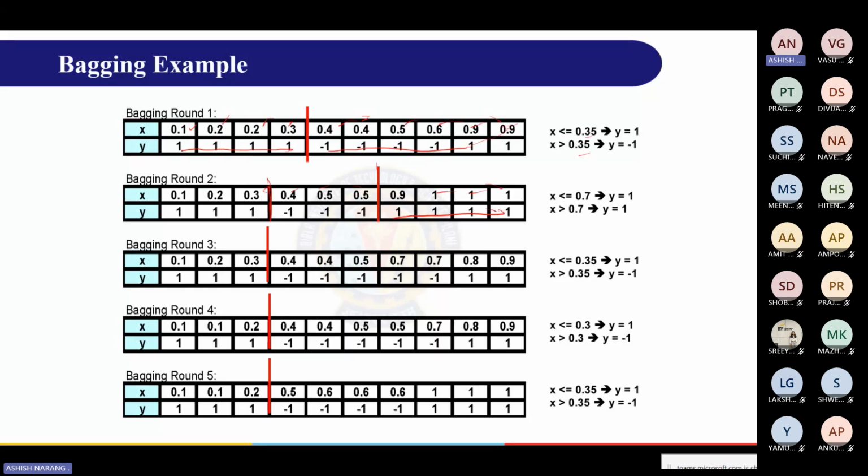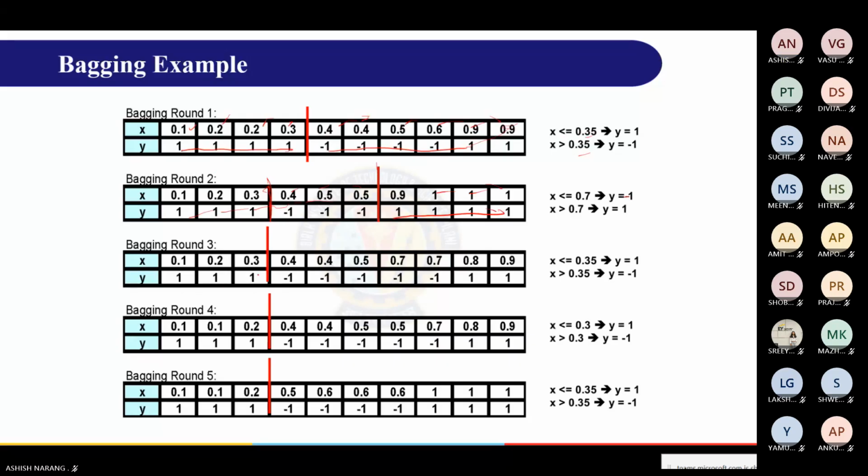So that's what we have chosen. The left part will have some errors, definitely. Yes, there are some errors. It should be +1, yeah.